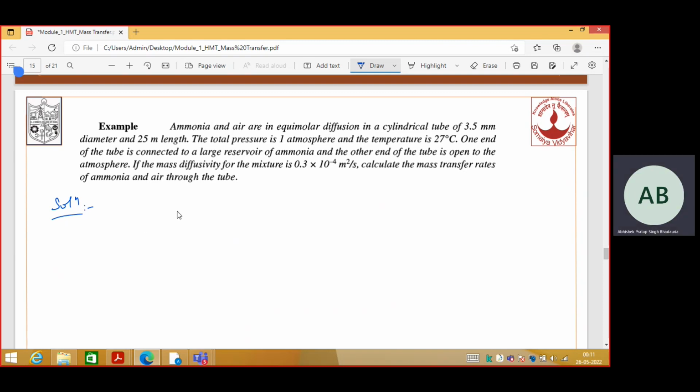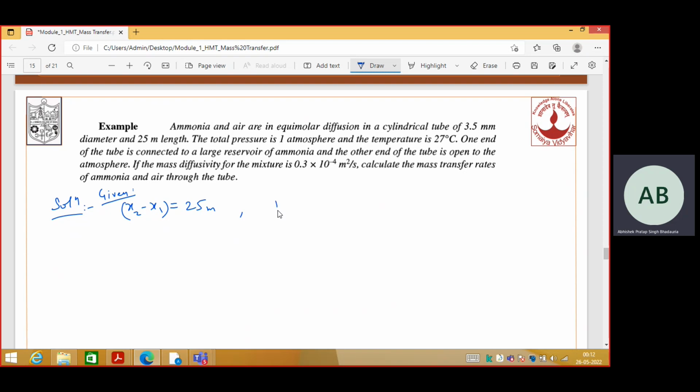So here we have 25 meter length. Let's talk about what is given in the problem. We'll focus on this first. We can say x2 minus x1 is equal to 25 meters.